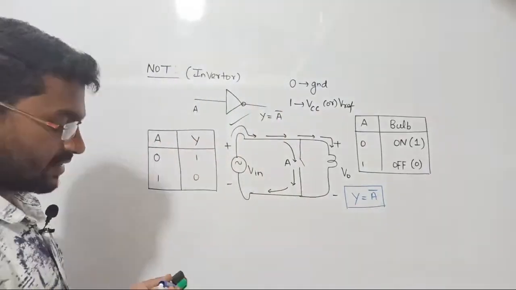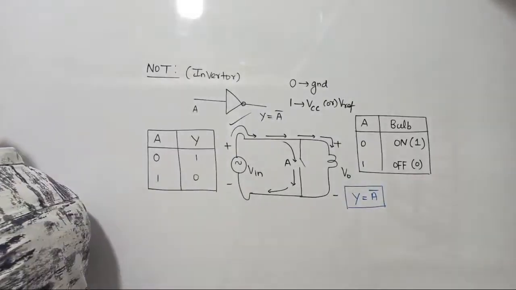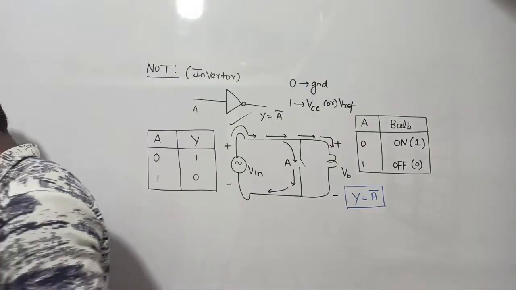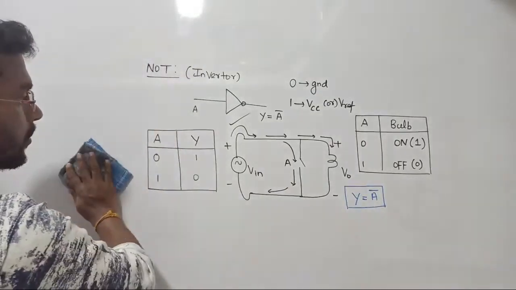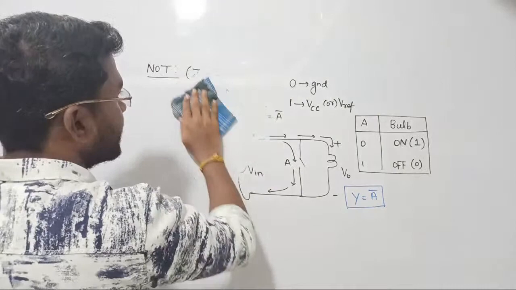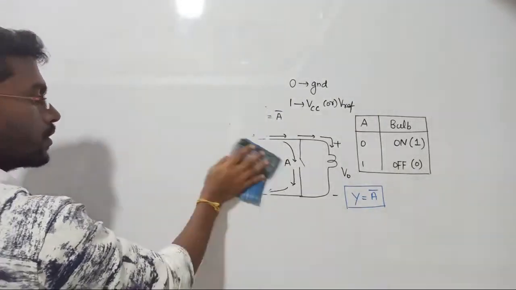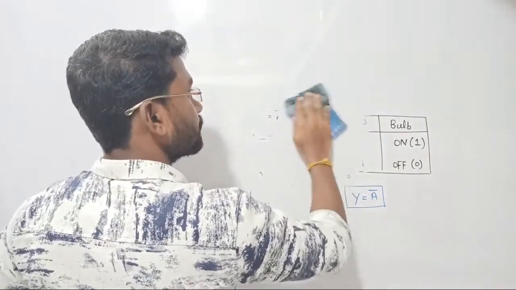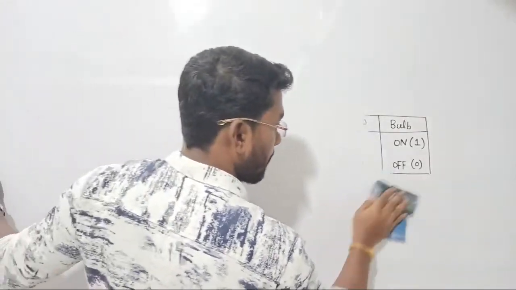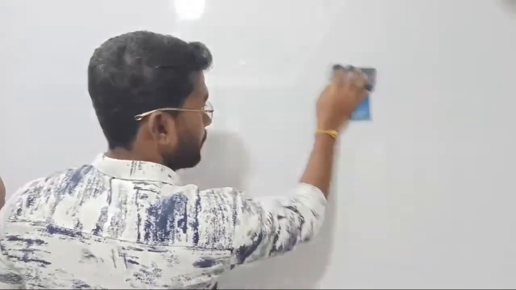Now the second gate. Next we discussed the AND gate and OR gate. Let us take the second gate. Shall we take the AND gate first?